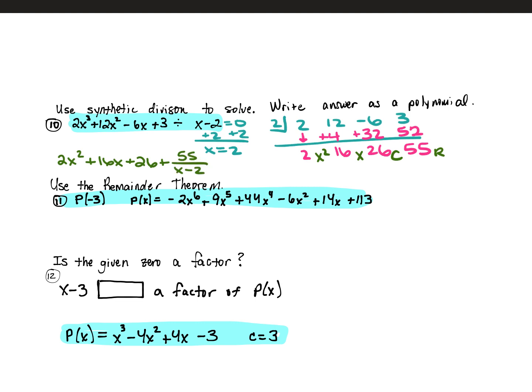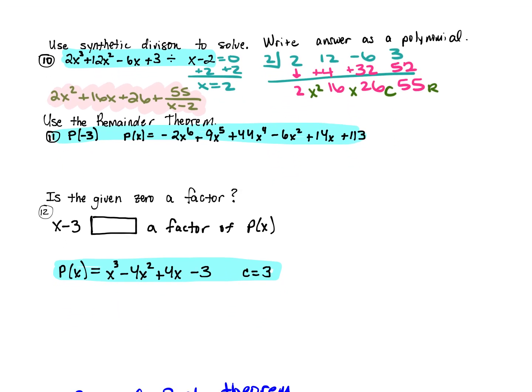minus 2. For 11, it tells you to use your remainder theorem. You're finding P of -3, which means the -3 is going to go in your box. You have -2x to the 6th power plus 9x to the 5th power plus 44x to the 4th power minus 6x squared plus 14x plus 113.